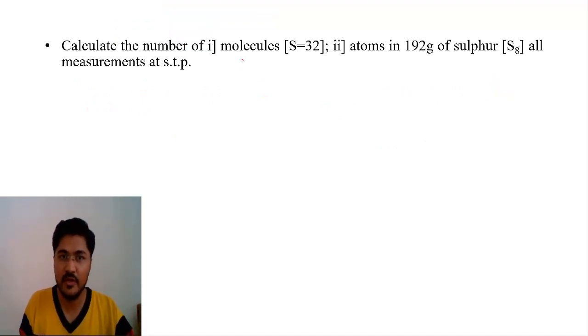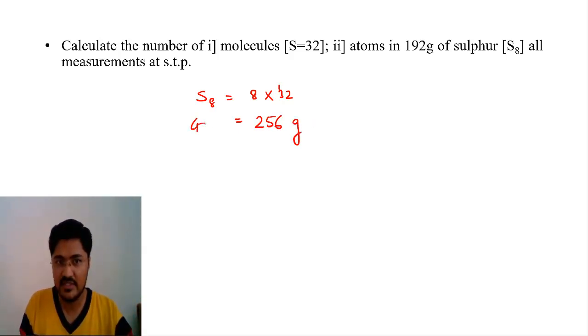Calculate the number of molecules and atoms in 192 grams of sulphur S8, all measured at S.T.P. So S8 is 8 into 32, which gives you 256 grams, that is the GMM, and you have been asked the number of atoms and molecules.